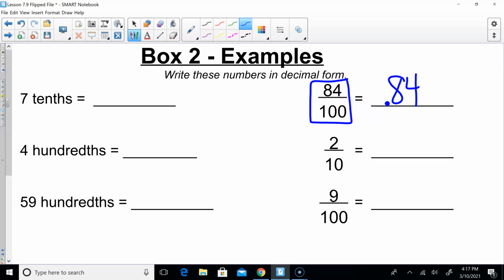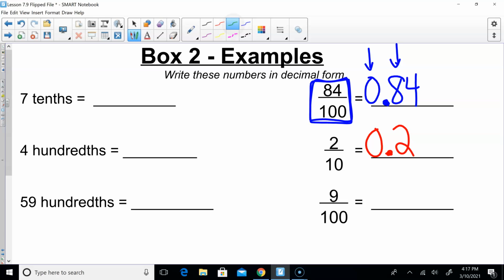Like I would have 84 pennies, that would be 84 cents. I can put a 0 here. I don't necessarily need one, but it makes it easier to separate the whole number from the fraction part, because we know 84 hundredths is a fraction of a whole. 2 tenths would mean I would have 2 dimes in my pocket. My tenths place value is the first one after the decimal, so a 0 in front would be 2 tenths.